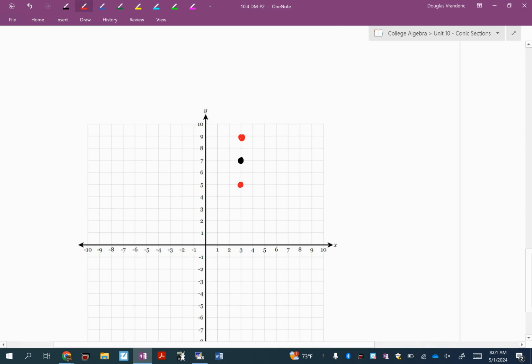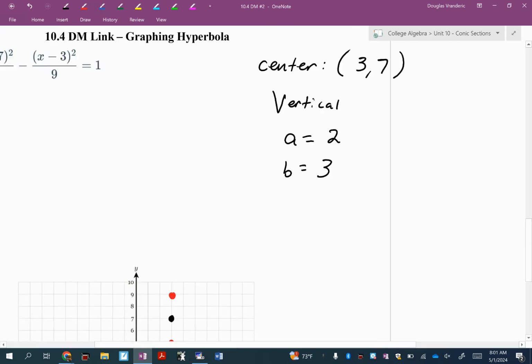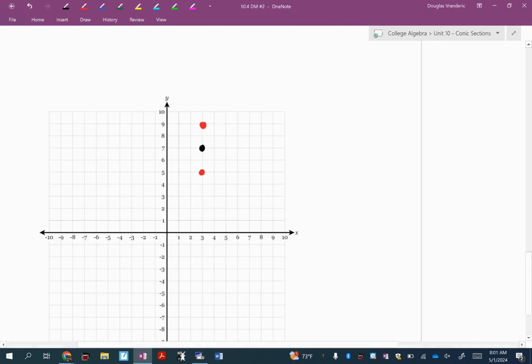These are the vertices. If I move up and down for the vertices, what way do I move for the co-vertices? Very good. Horizontally, that letter B of 3 units. So move 1, 2, 3 units left and right. And then I'm ready to make the rectangle.